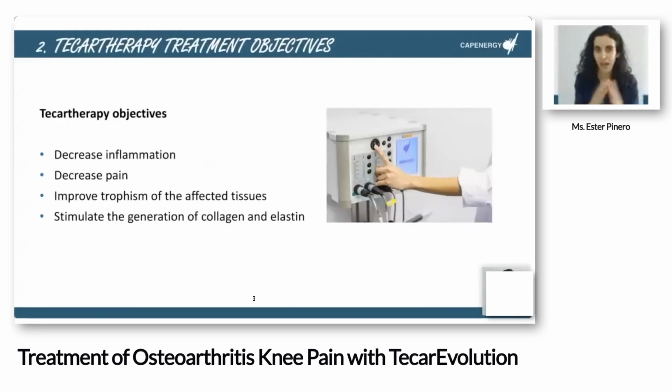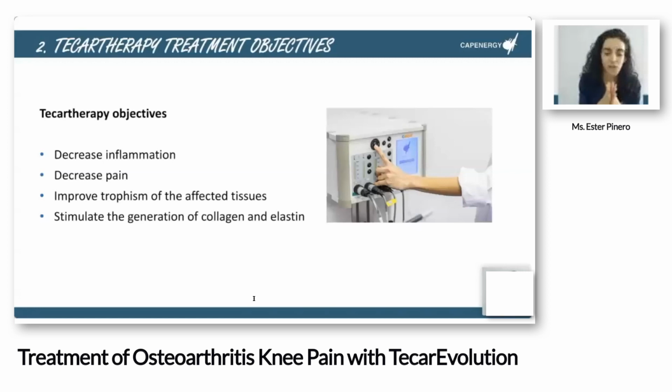TECAR therapy has different objectives. One part in osteoarthritis is to decrease the inflammation. Another objective is to decrease pain. Another important thing is to improve the trophism of the tissues that are affected.